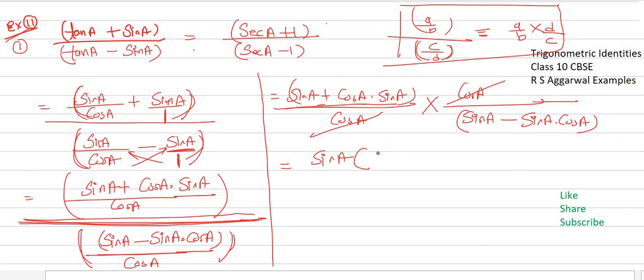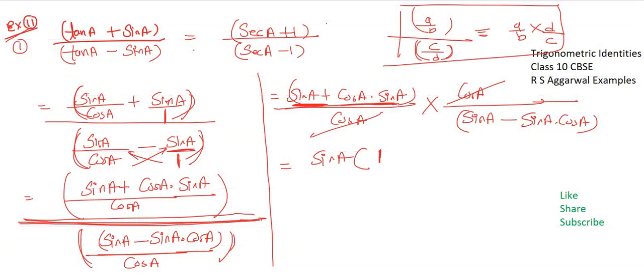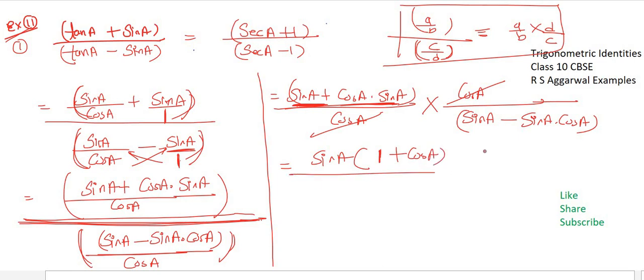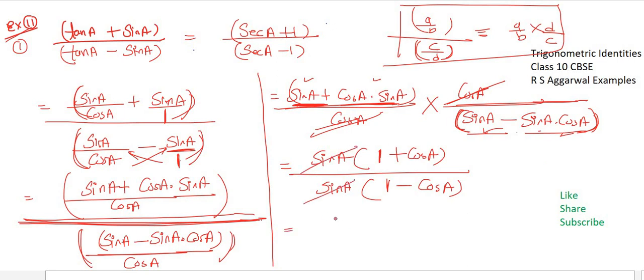If I take sin A common, here it will be 1 plus cos A, divided by, see this cancelled. Now what is in the denominator is this. What can we take common in these two? Sin A common. So what is left? 1 minus cos A. So from here I took sin common and from here sin common, so this sin and sin cancel. I am getting (1 plus cos A) by (1 minus cos A).